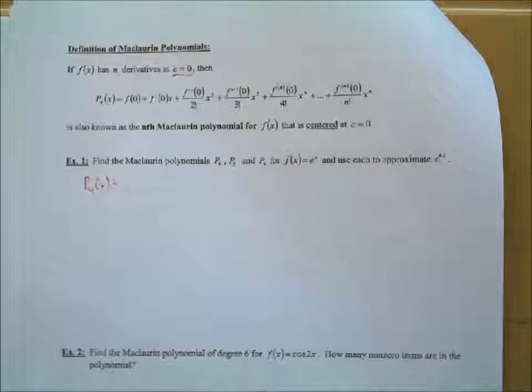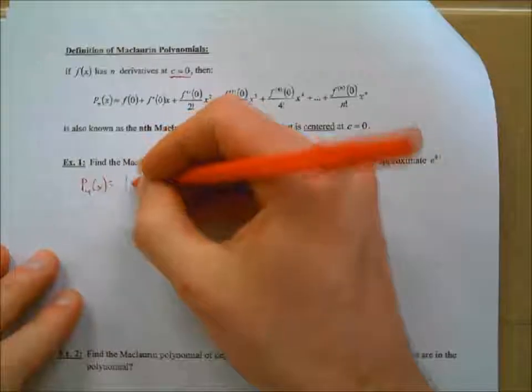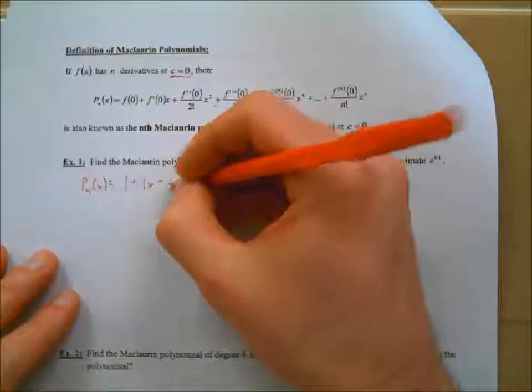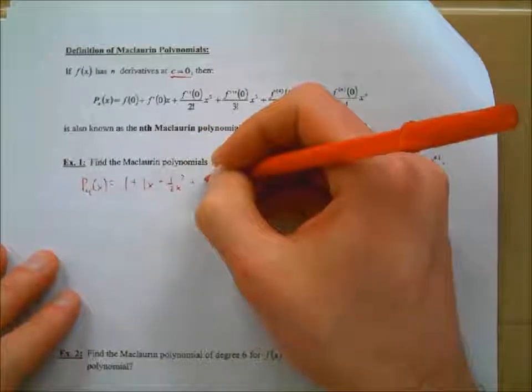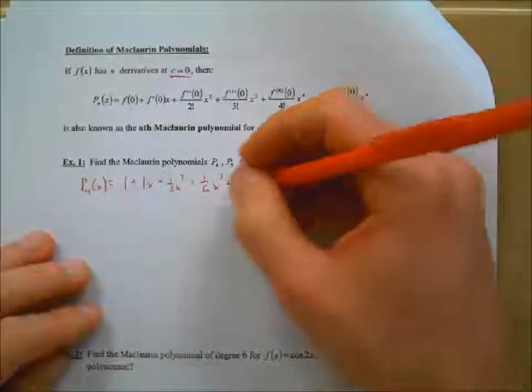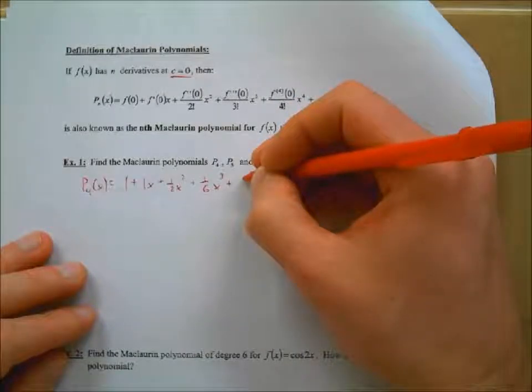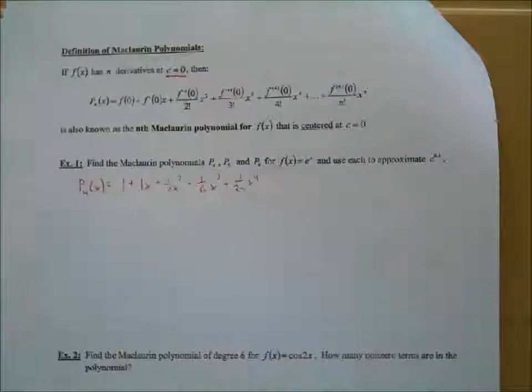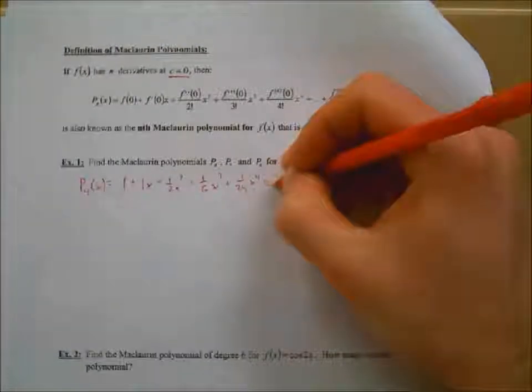Well, we already have the other stuff, so we have the 1 plus, we already have p sub 4 actually, don't we? So I don't need to do anything crazy here. And then 1/24 x to the 4th. And again, that is approximately e to the x there.